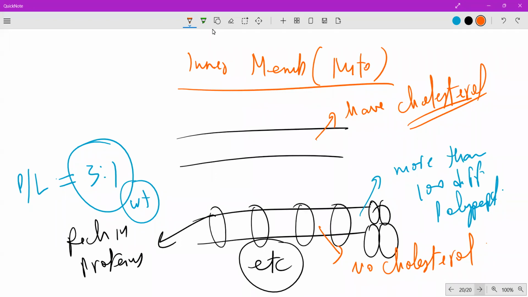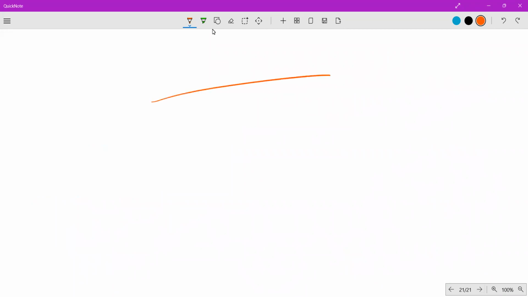In fact, if I talk about a normal plasma membrane, the plasma membrane of our cell, cell membrane, plasma membrane, whatever you call it. So plasma membrane we all know has lipids, it has proteins, it has carbohydrates.